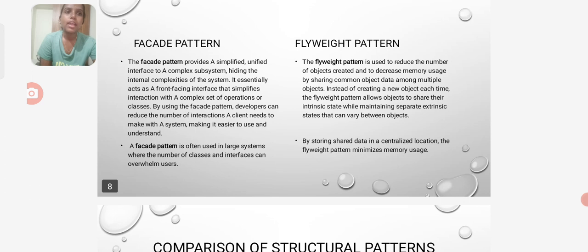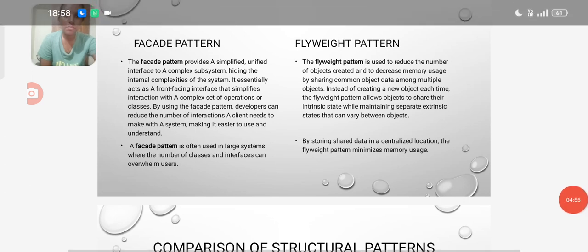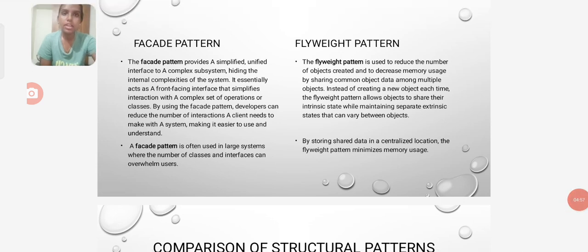Facade pattern. Facade pattern provides a simplified, unified interface to a complex subsystem, hiding the internal complexities of the system. It essentially acts as a front-facing interface that simplifies interaction with a complex set of operations or classes. By using the facade pattern, developers can reduce the number of interactions a client needs to make with the system, making it easier to use and understand.